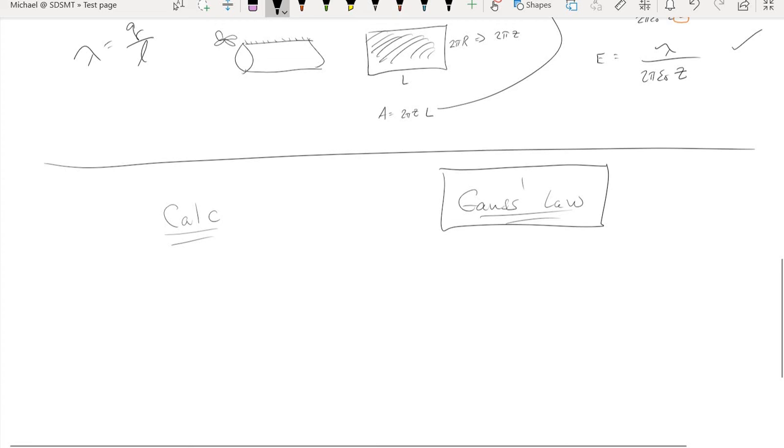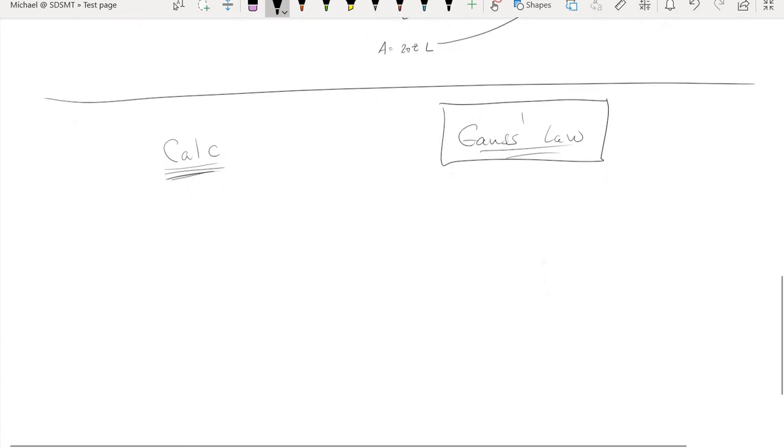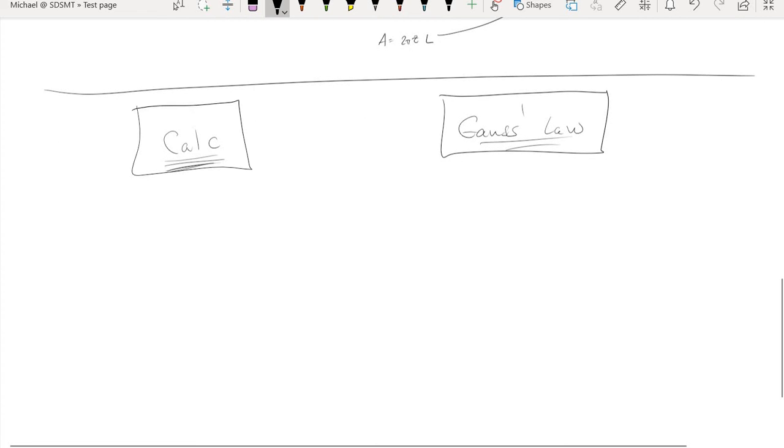But if we don't have a symmetric system, we almost exclusively have to rely on the calculus to tell us how those integrals are going to turn out. But since we've already gone through and we've seen enough examples of that calculus, we want to devote more of our time to the easier approach.